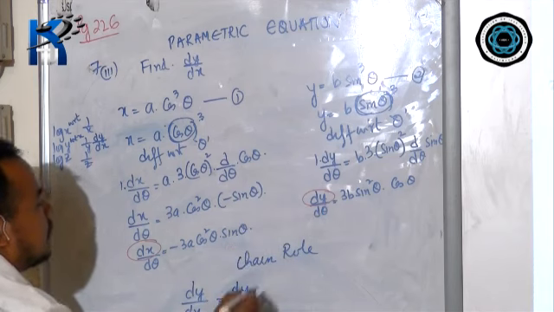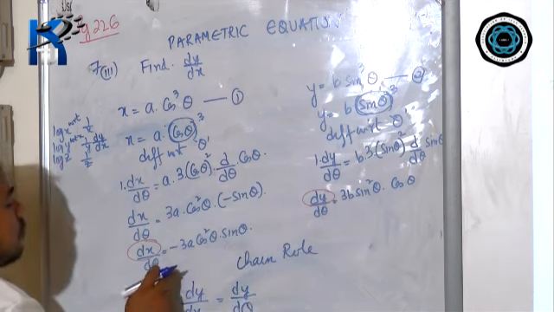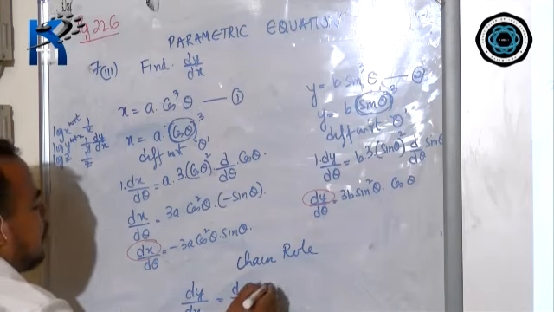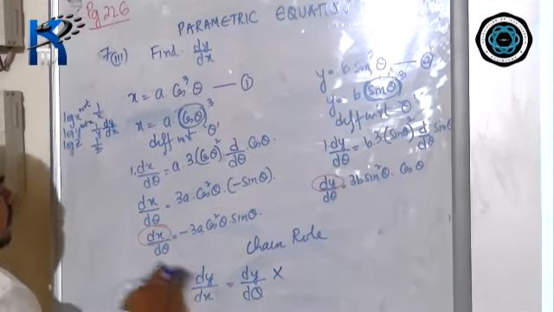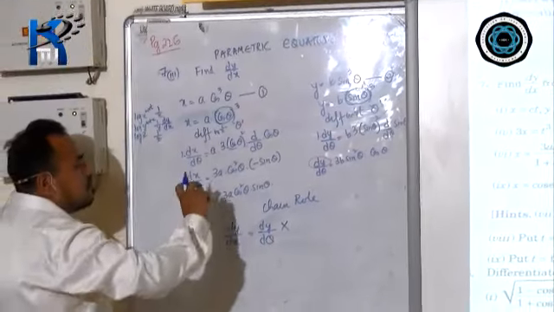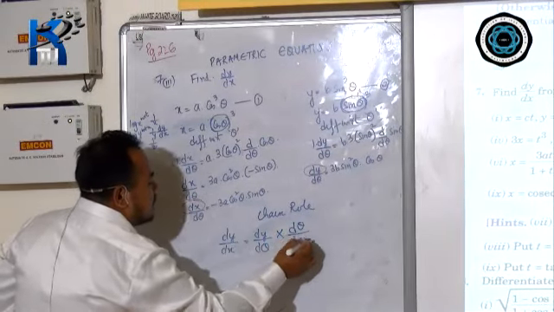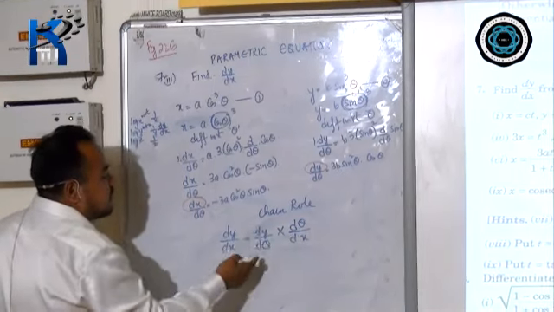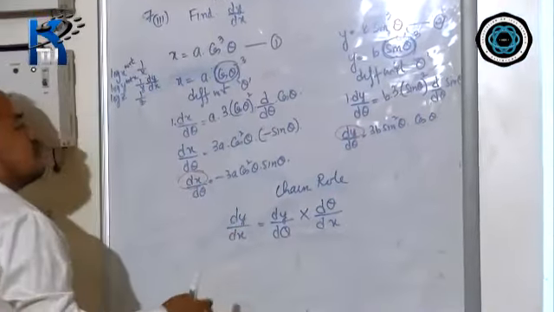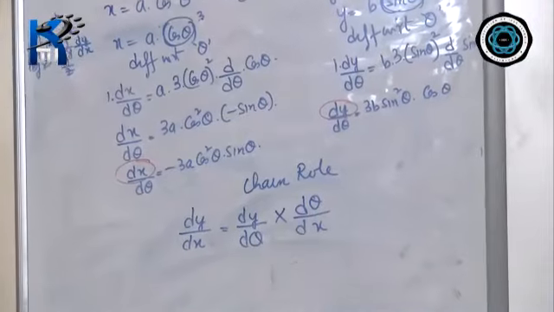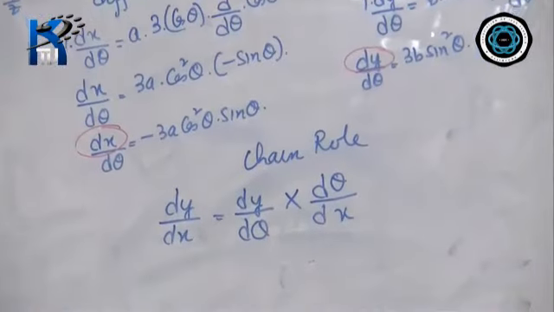That means we are combining equation 2 and equation 1. So dy by d theta into, I need dx in the denominator, but dx is in the numerator, so you simply take the reciprocal. When you take the reciprocal, you get d theta by dx. You can clearly see that d theta and d theta get cancelled, so you get dy by dx.